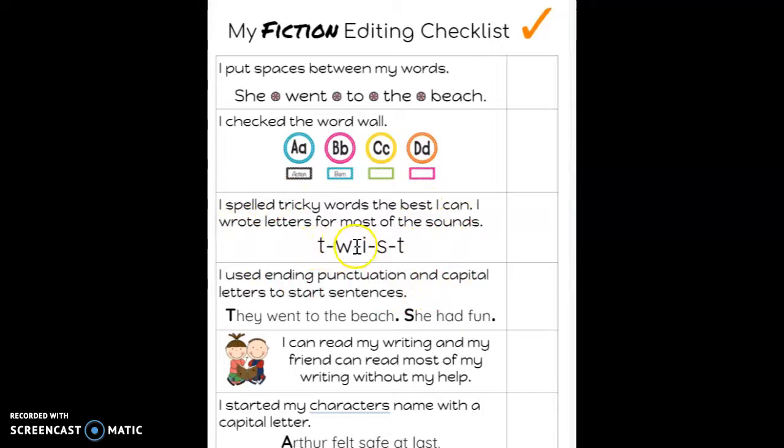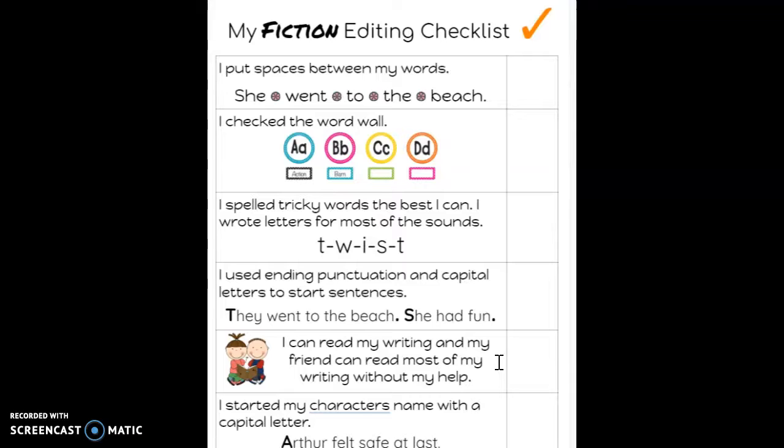Twist, t, w, i, s, t. And I used end punctuation and capital letters to start sentences. Just like they went to the beach, period, and a capital S for she had fun, period. And here's another really important one. I can read my writing, and my friend can read most of my writing without my help.